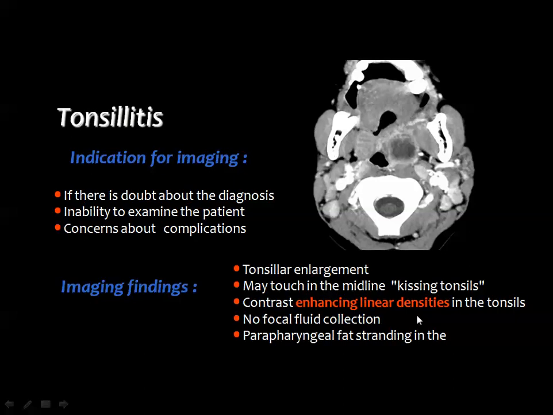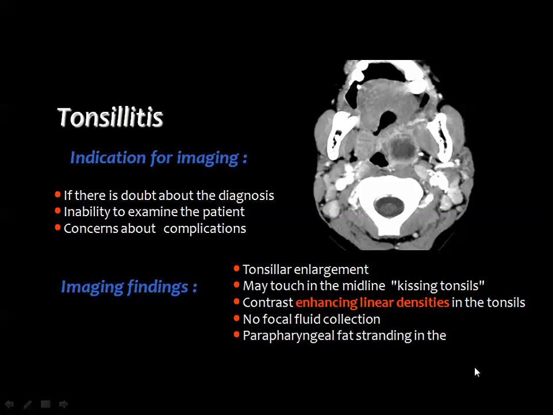The CT appearance of tonsillitis is very characteristic. The tonsil is enlarged, and if both tonsils are enlarged, they may touch each other across the midline, what is known as kissing tonsils.